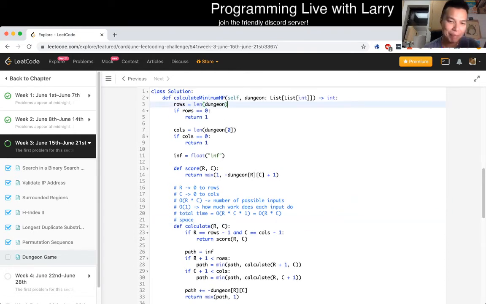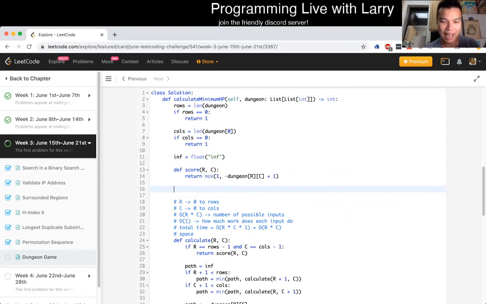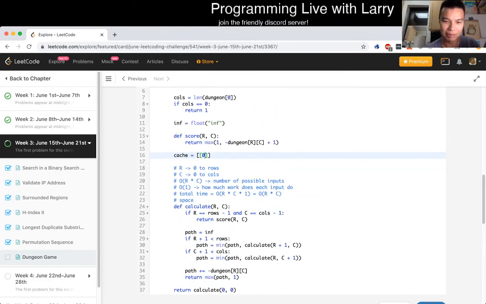But let's implement the dynamic programming, the memorization. So cache is equal to, what is it? Let's just say 0, it doesn't really matter, times cost plus 1 for.